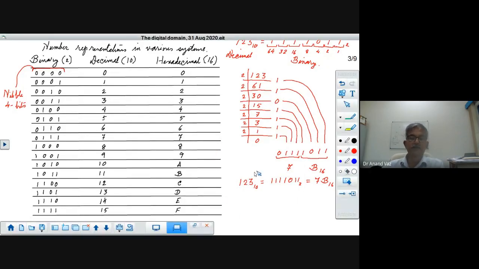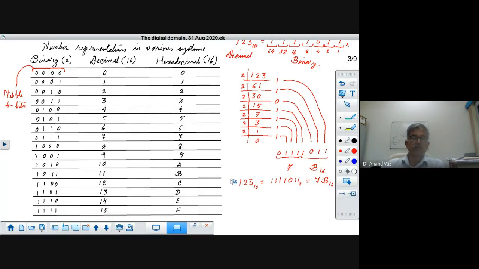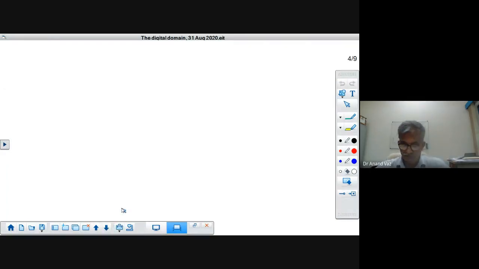Now, in the operations that can be performed, we can do various arithmetic operations.